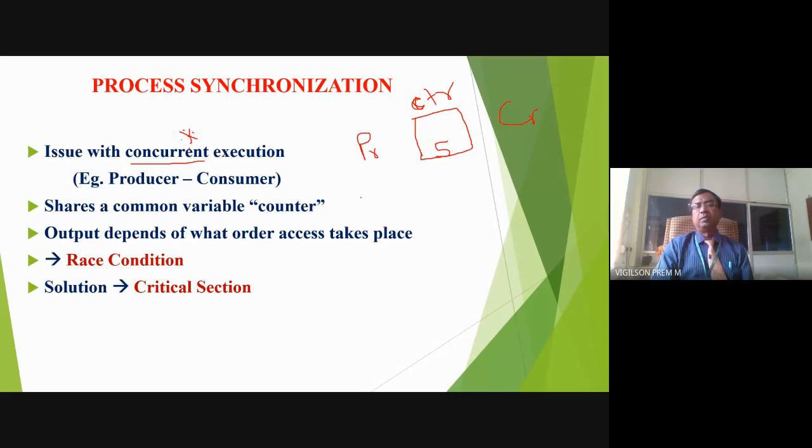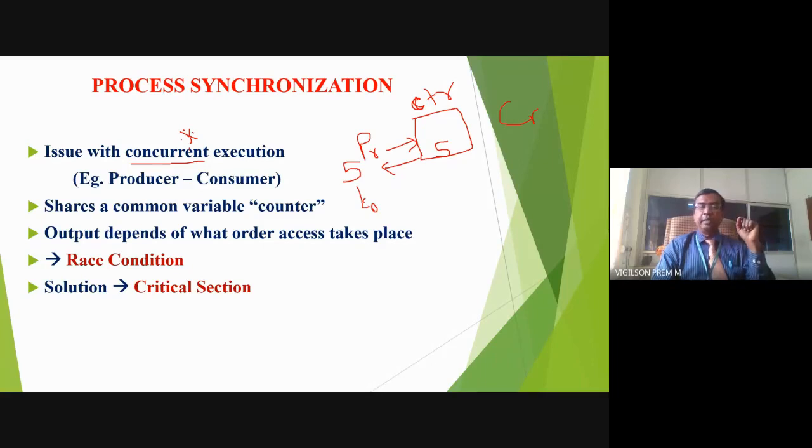Listen carefully. At time t0, the producer is coming to the counter and reads the value 5 and takes the value 5 to the producer program, because the producer wants to know the counter value and wants to change it to 6 because the producer is going to produce a job.